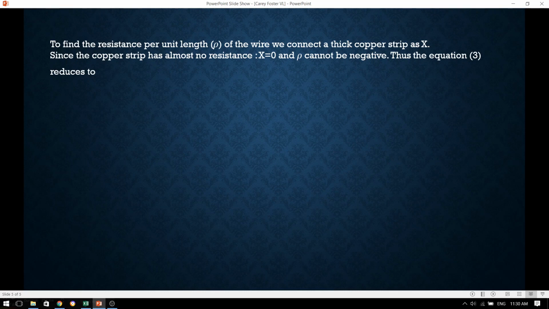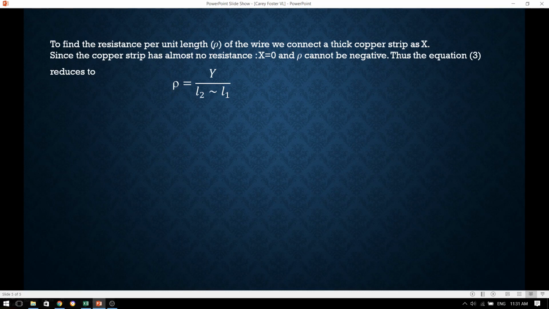We connect the fourth gap with the help of a copper strip. Since the copper strip has almost no resistance, we can assume that X is equal to 0. So what does the equation look like now? Rho is equal to Y by L2 minus L1.